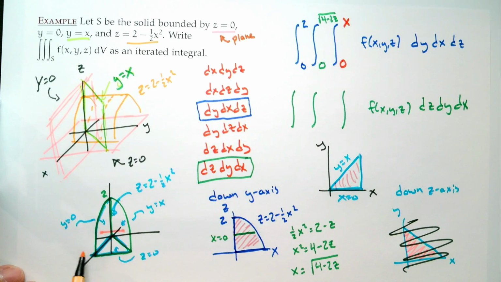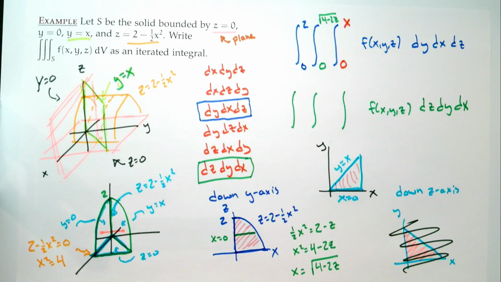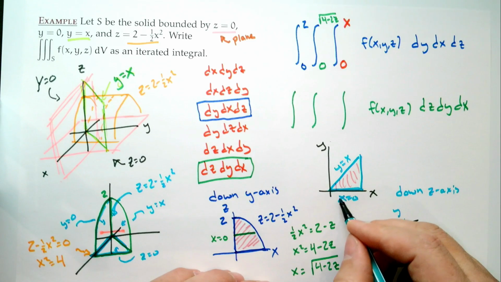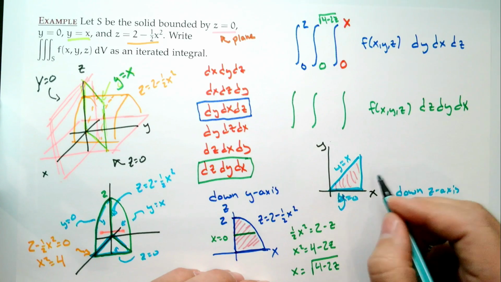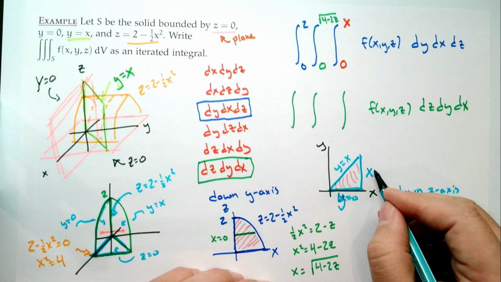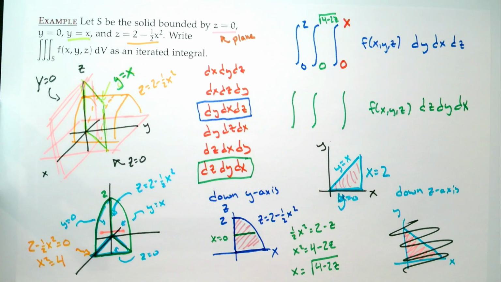So to find that point right there, that happens when 2 minus a half x squared equals 0, which is the same as saying that x squared equals 4. So what's the right value for x? 2. And I can see now I messed this up again. That should be y equals 0, but that's okay. We can fix all of this in post-production. And x equals 2. Okay, now at least everything's labeled correctly. Whew, good.